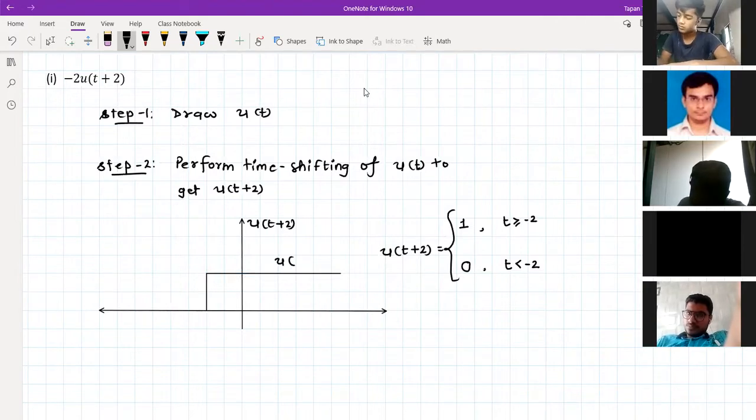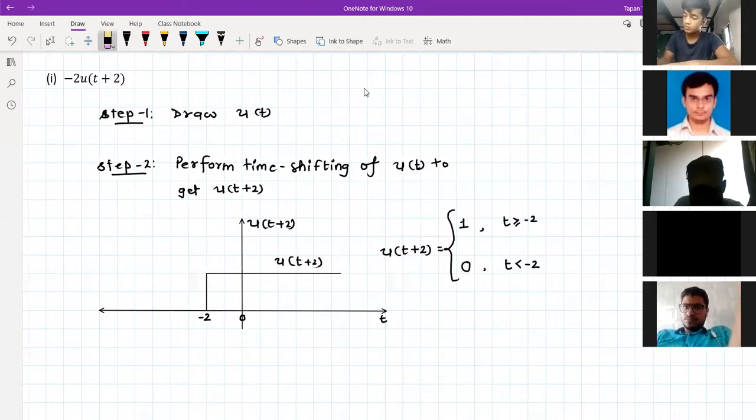This is u of t plus 2 because the instant is minus 2. This is 0 and then t greater than 0. So this is t. And no need to draw this. It's fine.